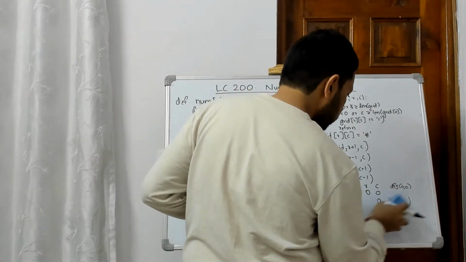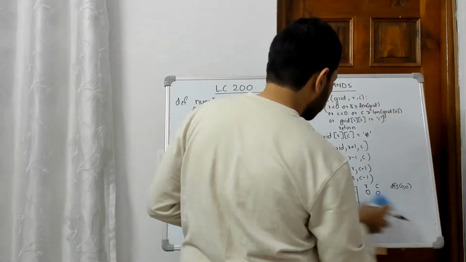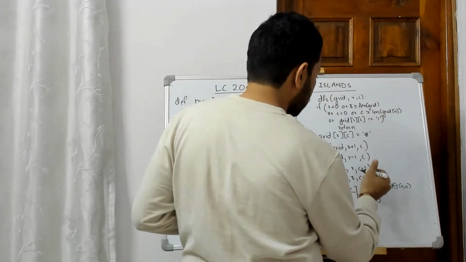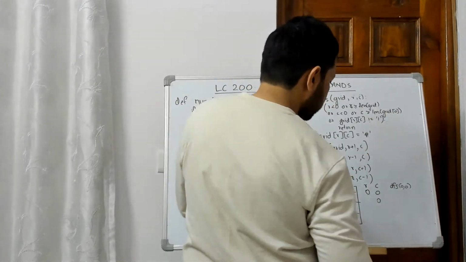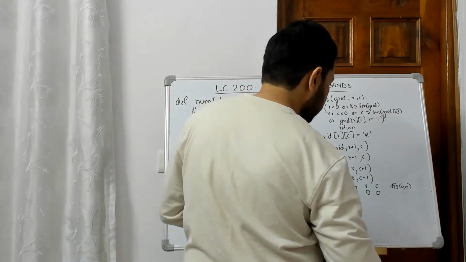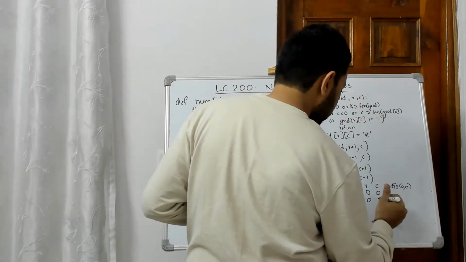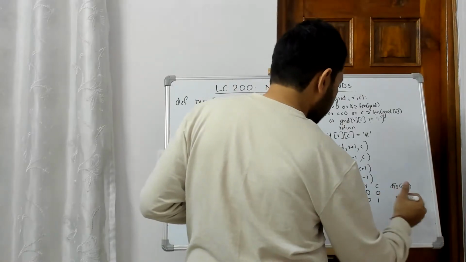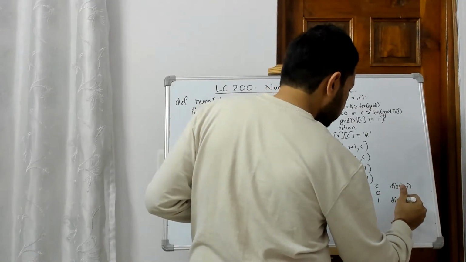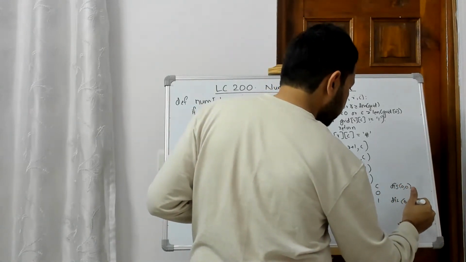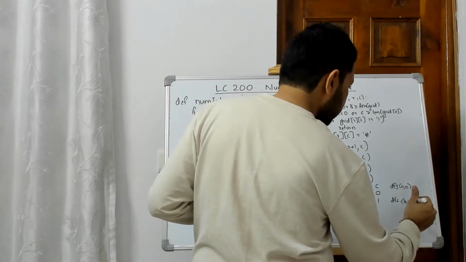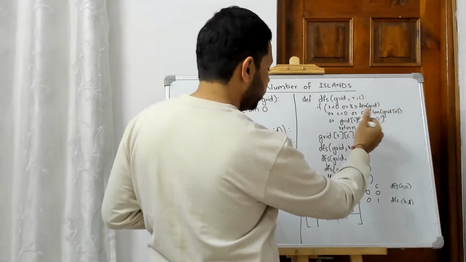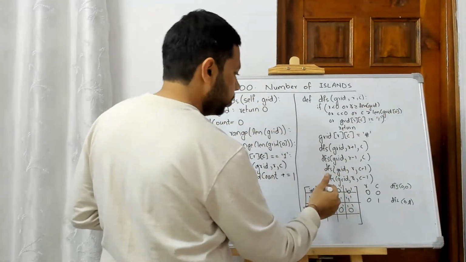After this point, R minus 1, C, you have R, C plus 1, in which case you have R is equal to 0, C is equal to 1, which is this point, DFS of 0, 1. When you do DFS of 0, 1, they are within the limits and RC is actually equal to 1.